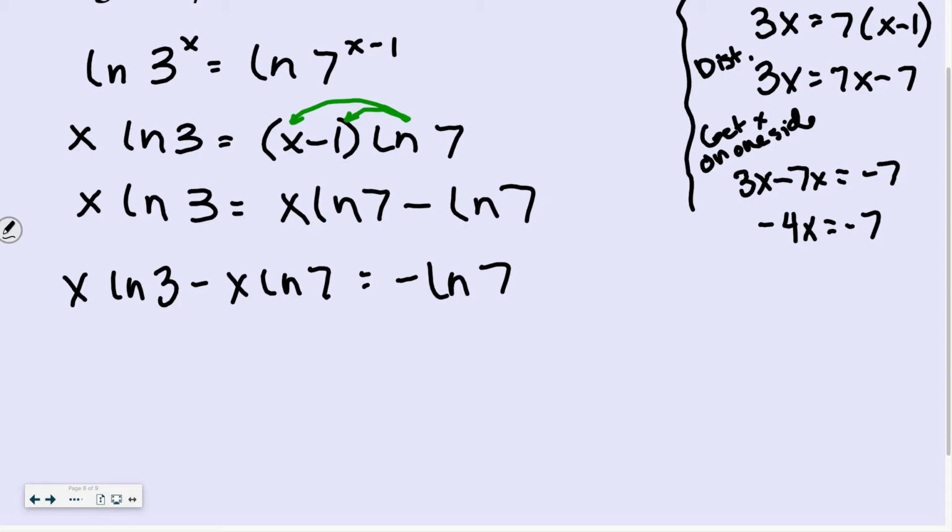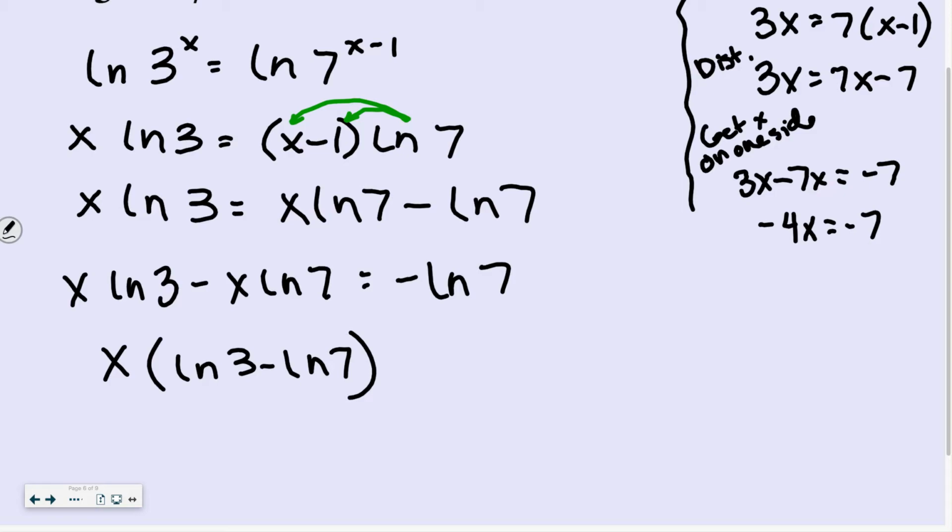Okay, this could be a weird moment for us because when you move that x to the other side, since one is natural log 3 and one is natural log 7, they're not really like terms. You can't subtract them right away. But if you think about it like this, both terms have x, so I could take out an x, and then I'm left with natural log 3 minus natural log 7, which is essentially the same thing as subtracting them, right?